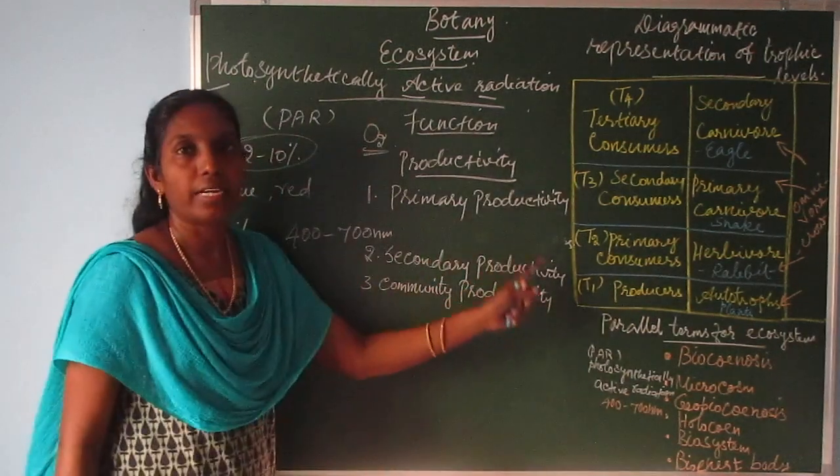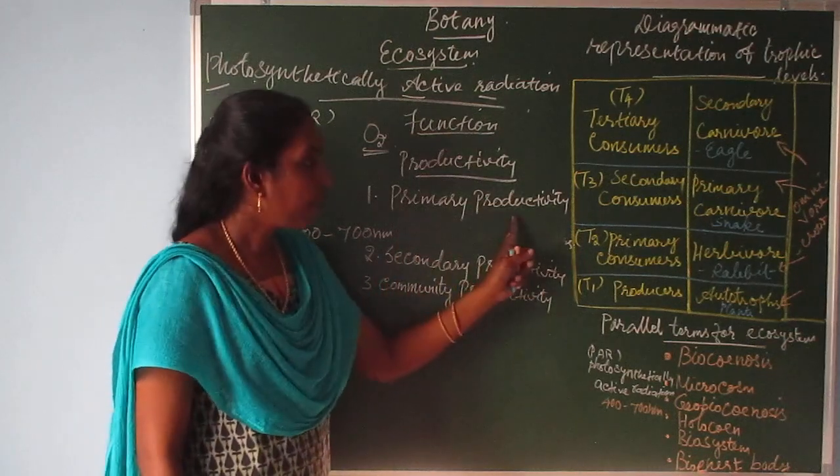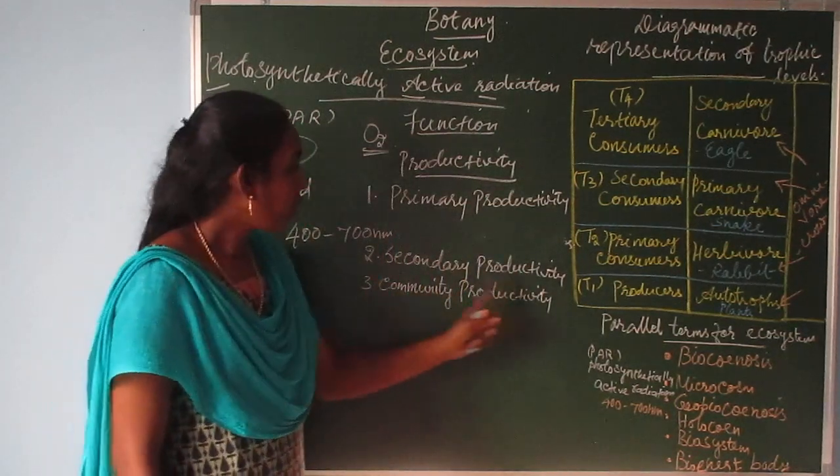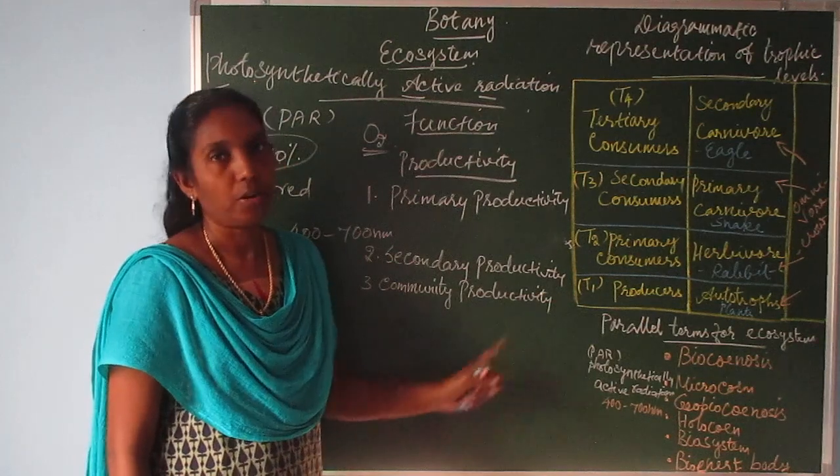There are three different types of productivity. They are primary productivity, secondary productivity, community productivity.